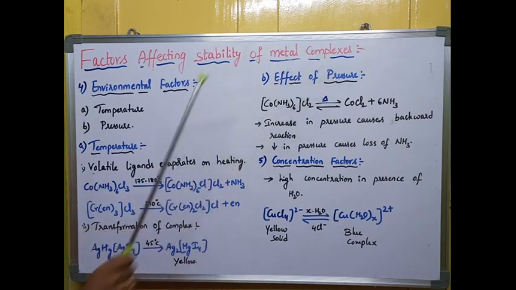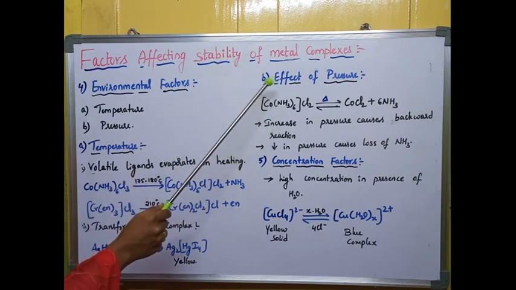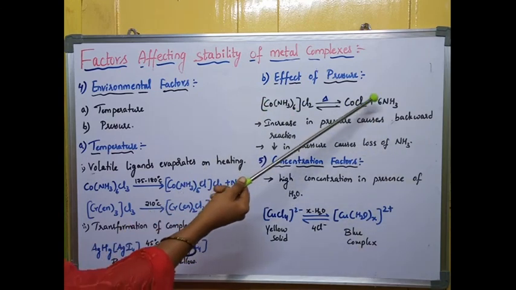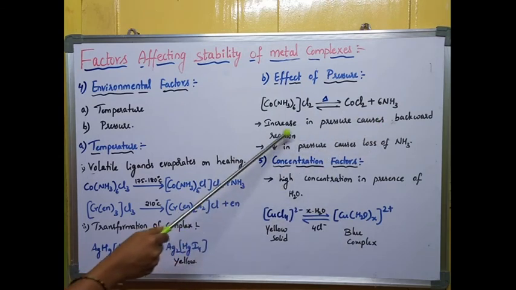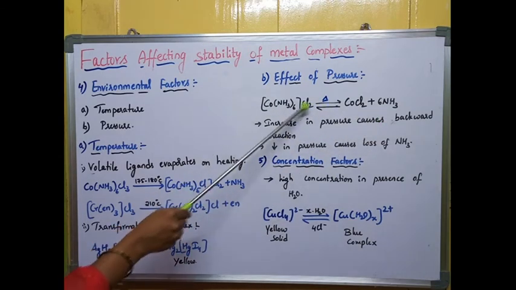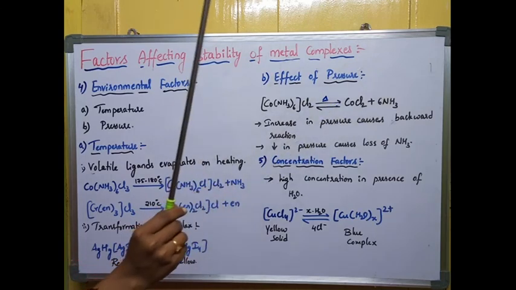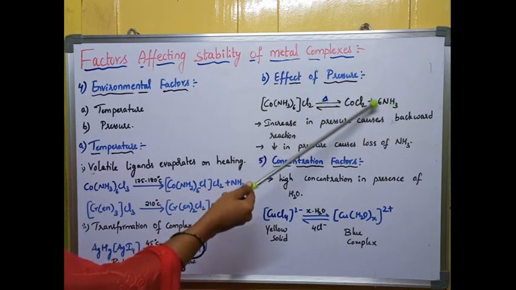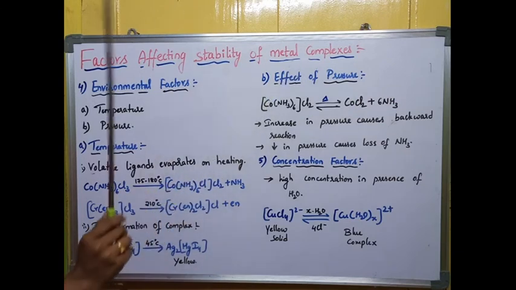Next, the effect of pressure. Even pressure can affect the complex formation. You can see here, in every chemical reaction there is an equilibrium process that takes place in the reaction of a ligand with any other molecule. So an increase in pressure causes the backward reaction. If I start heating this complex, there is a formation of CoCl2 and 6NH3. So if I increase the pressure, there is a chance for the combination of NH3 and CoCl2 to take place, the backward reaction.